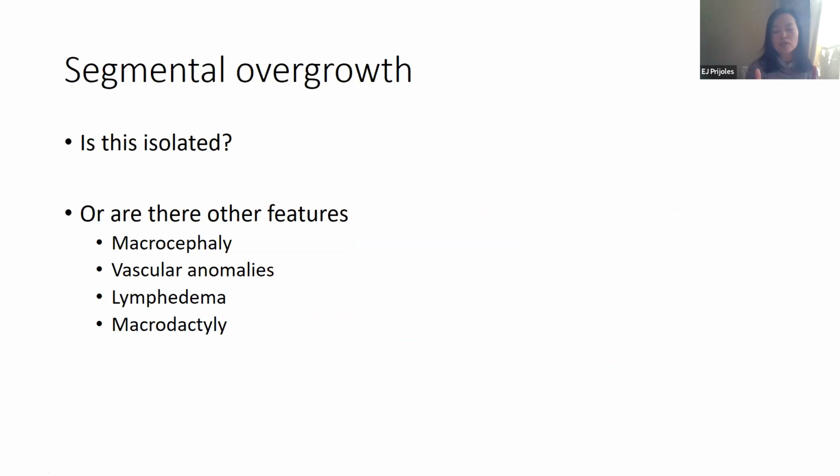Is it noticeable from across the room, or is it just kind of the subtle differences that we all have? Or are there other features that may be suggestive of a syndrome like macrocephaly, vascular anomalies, lymphedema, or macrodactyly, where there may be just overgrowth of particular fingers.